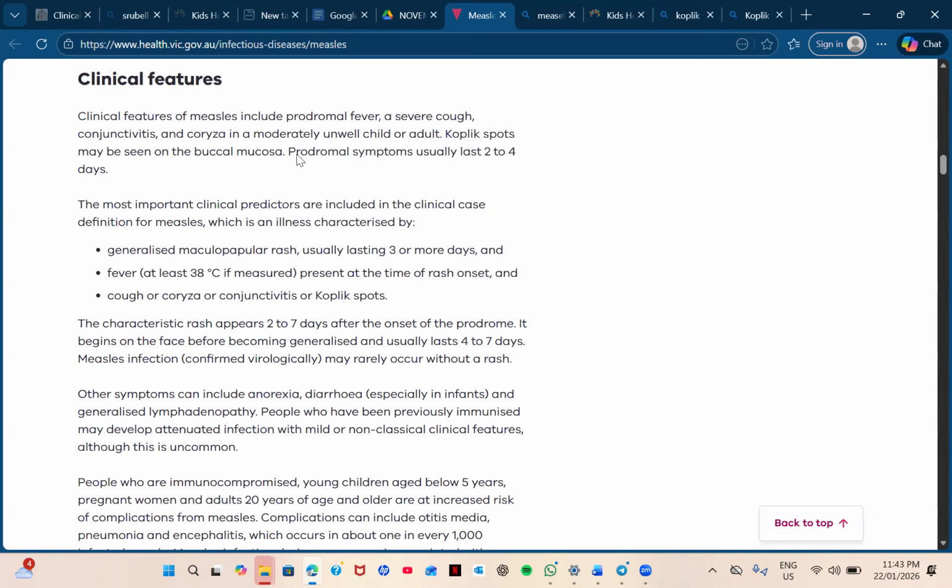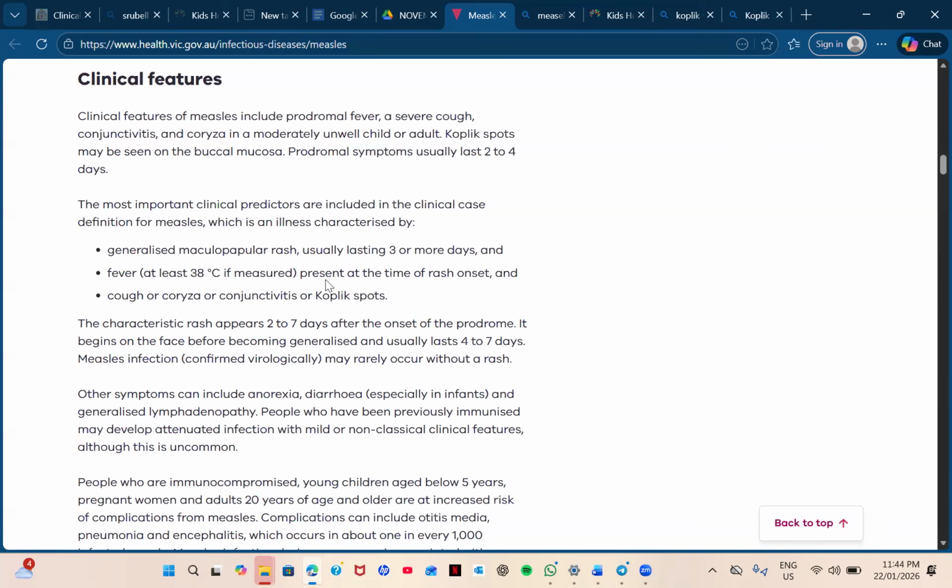Then the most important clinical predictors are included in the clinical case definition for measles, which is an illness characterized by a generalized maculopapular rash, usually lasting 3 or more days, and fever at least 38 Celsius if measured, persisting at the time of rash onset, and cough, coryza, and conjunctivitis or Koplik spots.